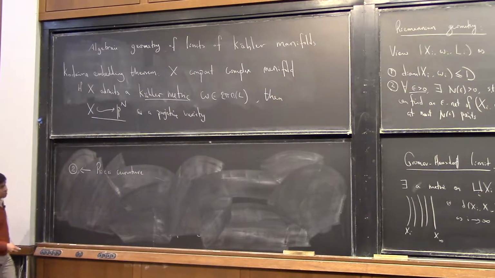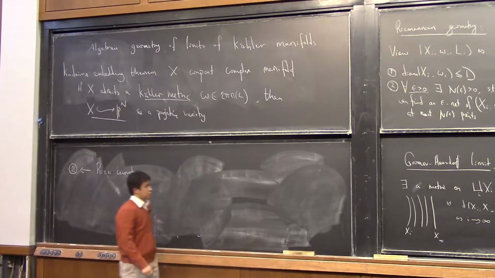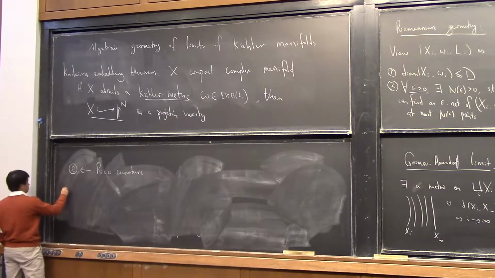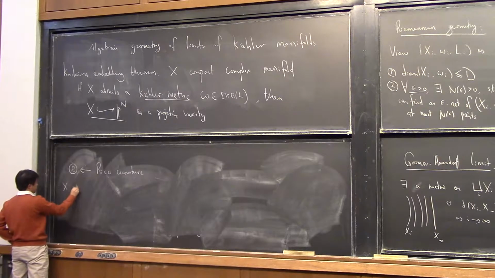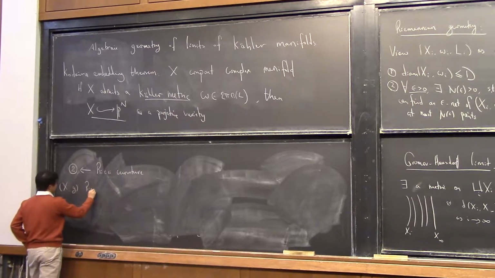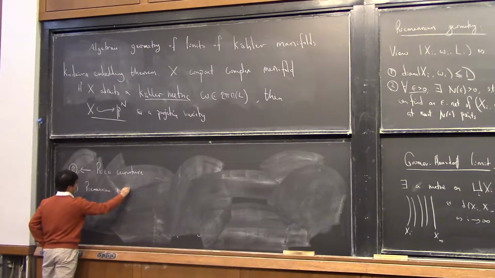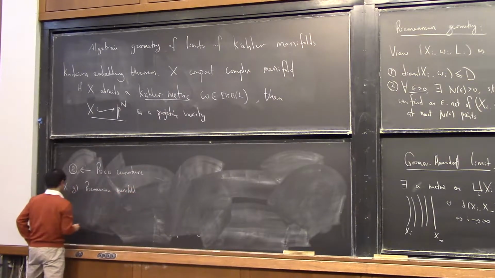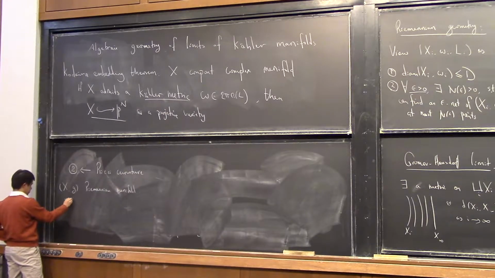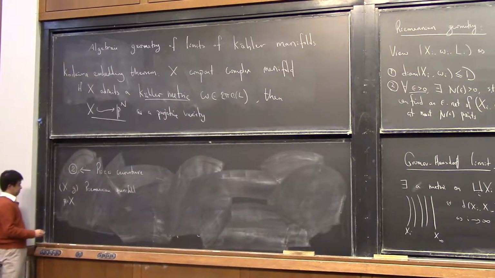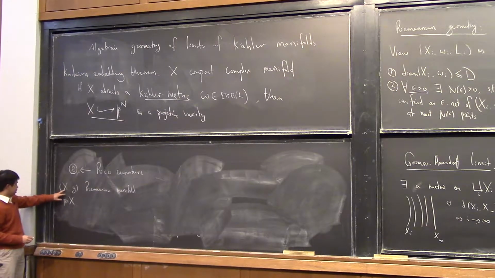Let's just recall, if (X, g) is a Riemannian manifold and you take a point p in X, then there is a distinguished coordinate chart around the neighborhood of p.